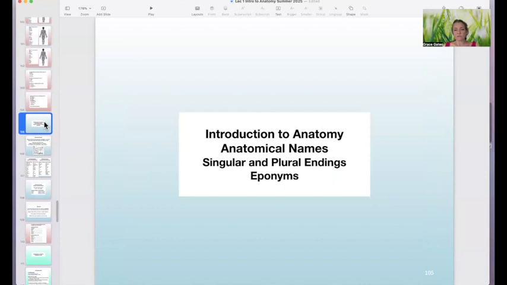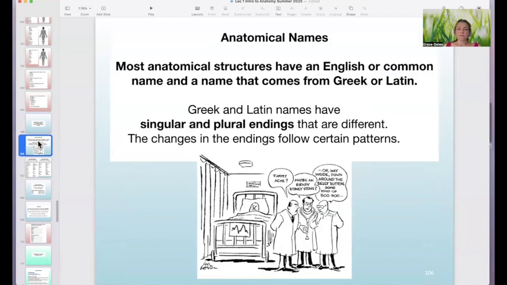All right, so introduction to anatomy, anatomical names, single and plural endings, and eponyms. This is our last section. Yay. So most anatomical structures have an English or common name and a name that comes from Greek or Latin.